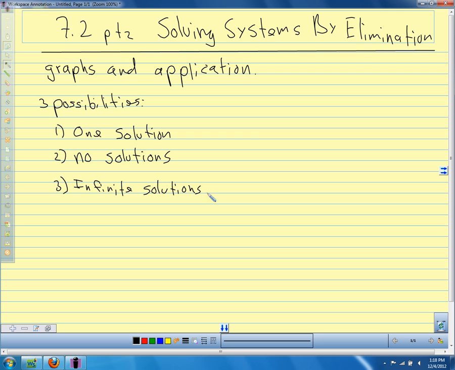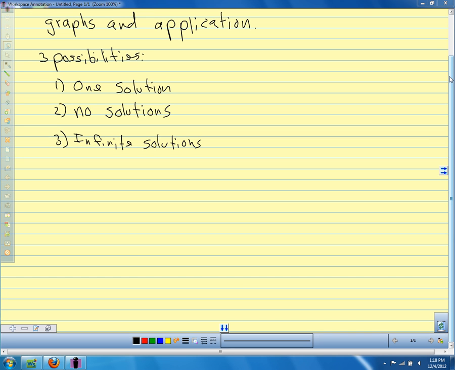So let's take a look at these three possibilities, what do the graphs look like? If we have one solution, if we have a couple of equations, 2x plus 3y equals 5 and x minus y equals 2, what do the graphs of those equations look like? We have something like x plus y equals 2.